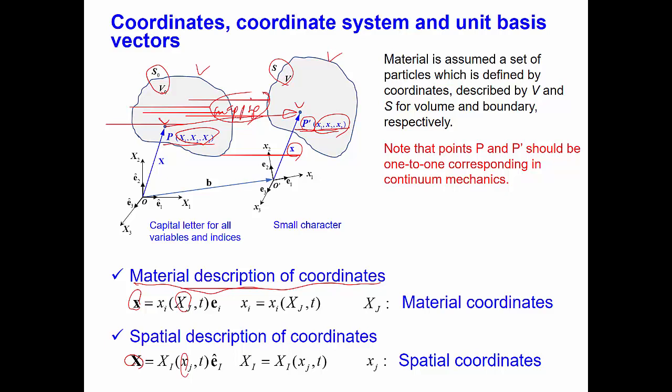We'd better use this kind of Cartesian or rectangular coordinate system for simplicity and generality to describe the theory. Of course, there are some special curvilinear coordinate systems which can be used for solving some specific problems by hand calculation.